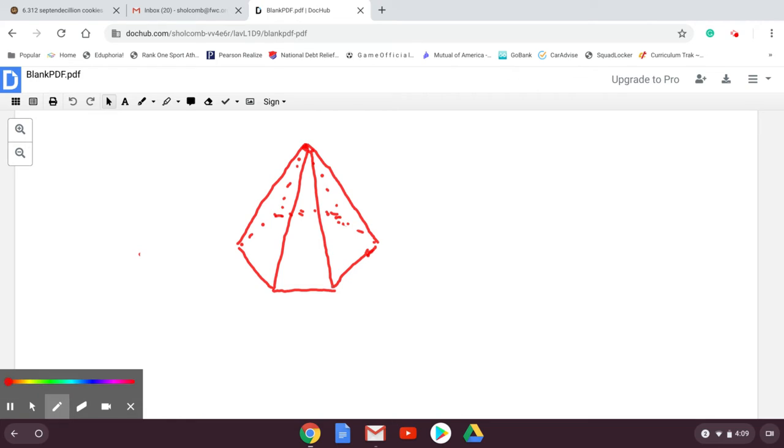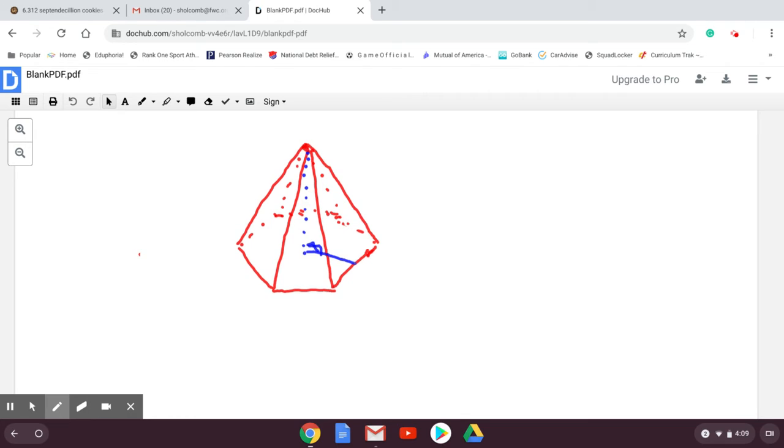But let me switch colors. And here's my height at a right angle. And then guess what this is here? That's my apothem, okay? Because that's coming from the center of my regular polygon, and it might be used here.